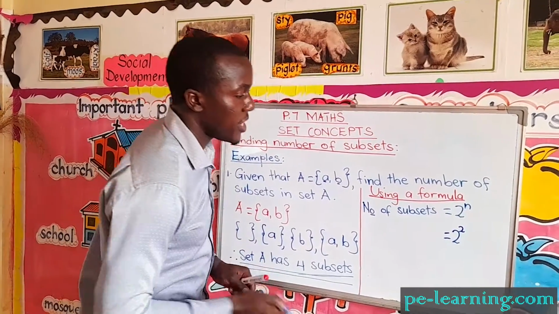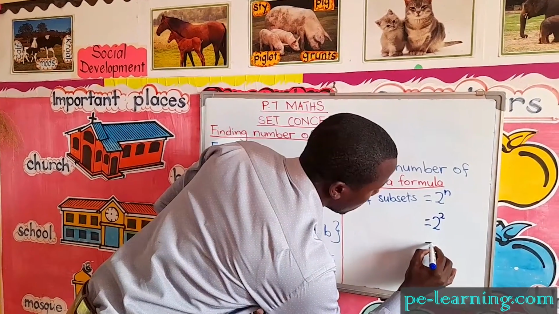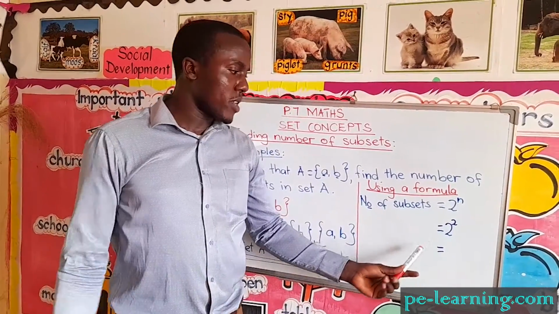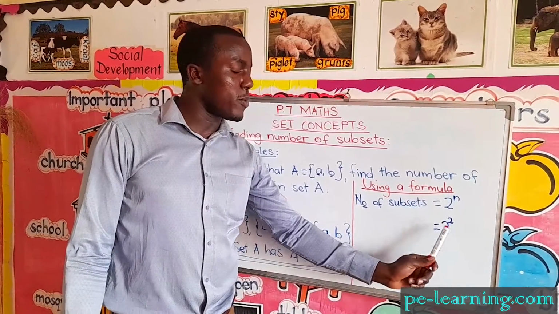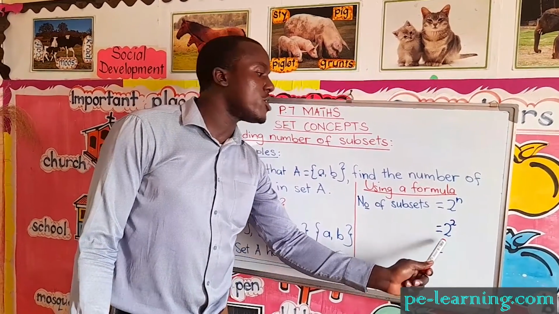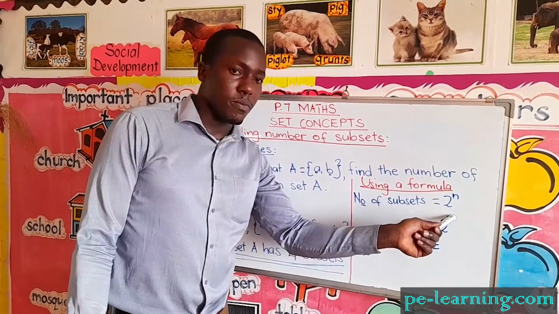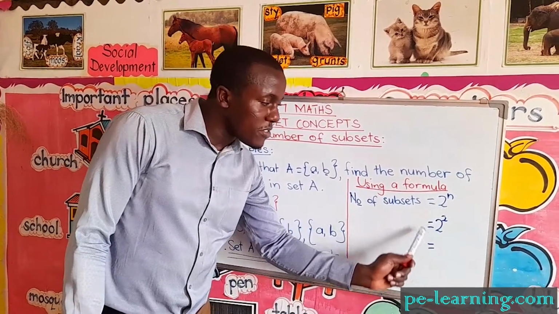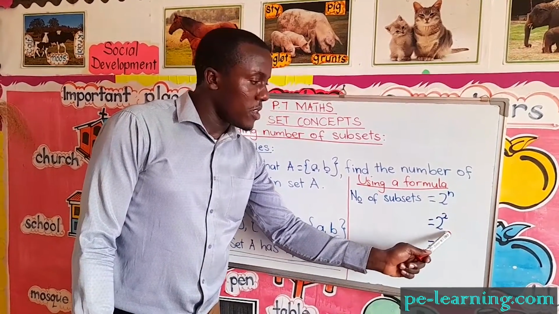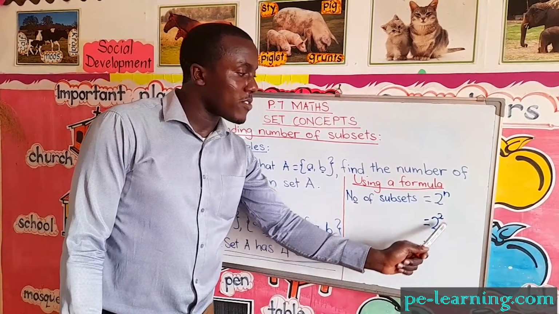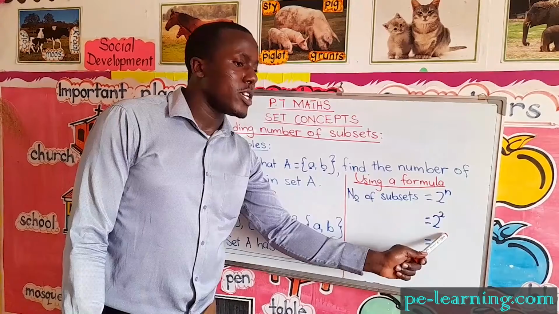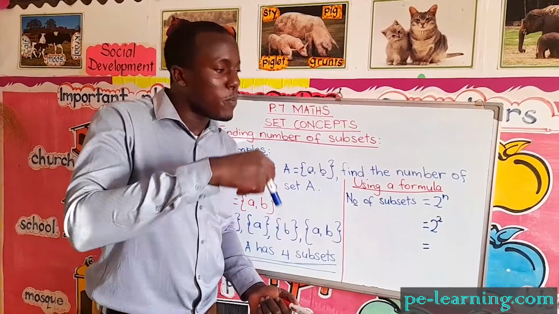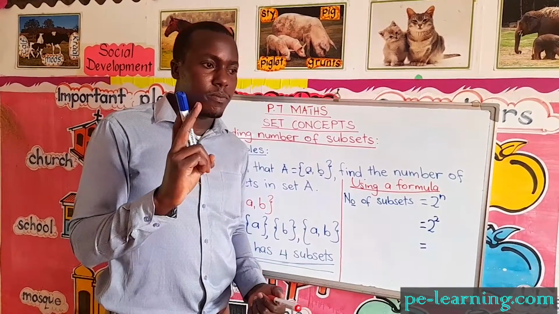Then we shall continue and expand this. Now, some people make a mistake here, and when they see 2 exponent 2, they think we just multiply 2 times 2, which is wrong. What does this mean? If I have 2 exponent 2, or 2 squared, it means you multiply 2 by itself twice.